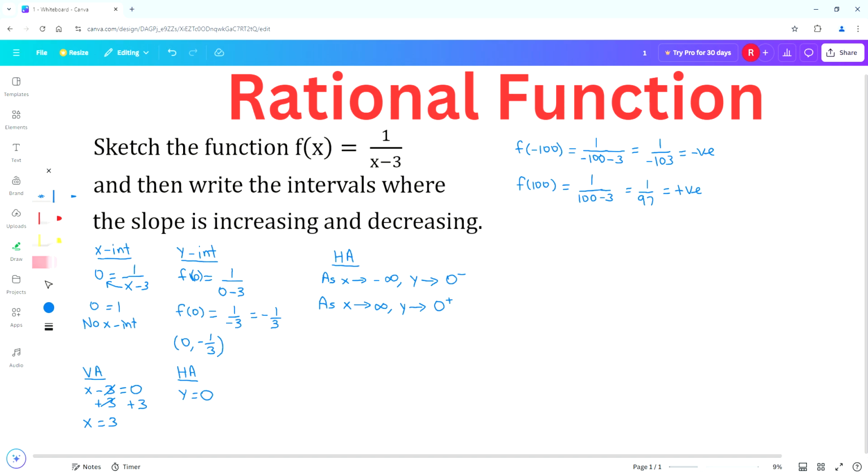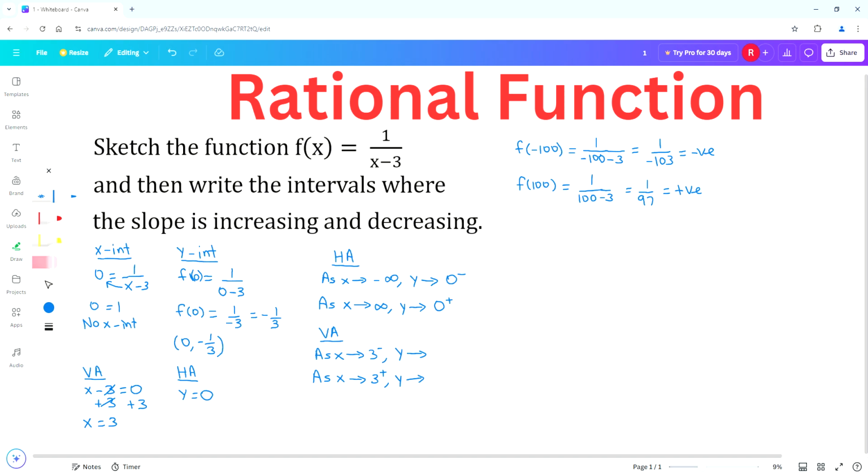Now we can find the end behavior for the vertical asymptote. We have to check the behavior of the function on the left side and the right side of the vertical asymptote. For the left side of the vertical asymptote, we can use x value very close to 3 but less than 3.